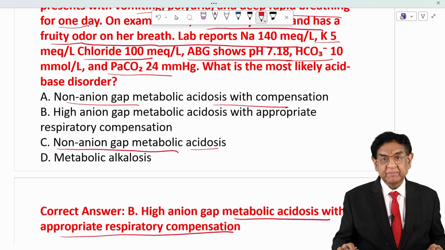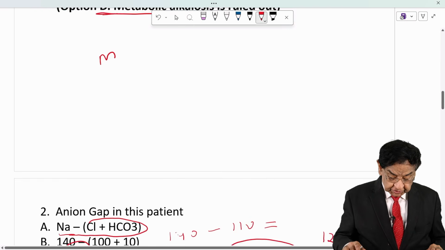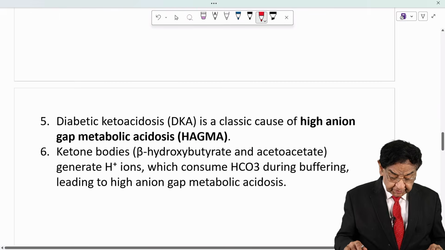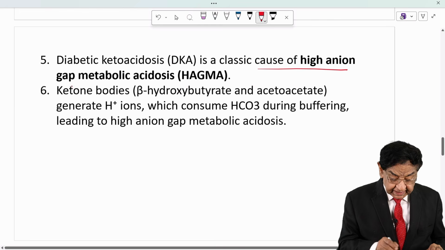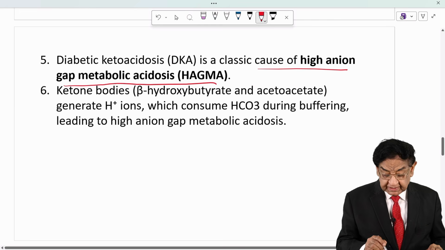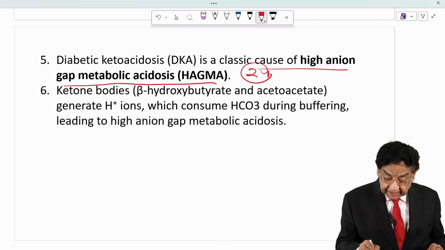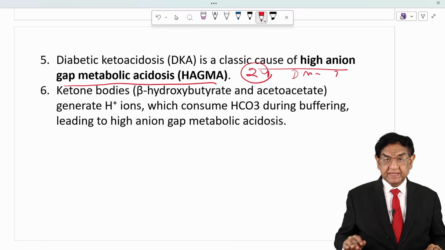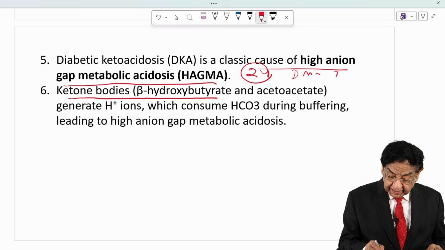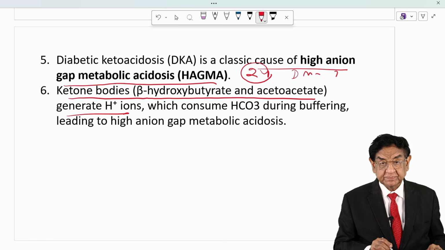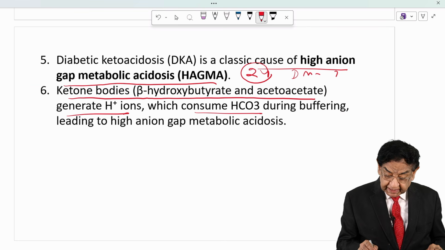Now we talk about DKA, the classical cause of high anion gap metabolic acidosis, especially in young people. Our patient is a 24-year-old with type 1 diabetes. Why are we thinking it's a case of DKA? Because ketone bodies, beta-hydroxybutyrate and acetoacetate, generate H ions, which consume bicarb during buffering.